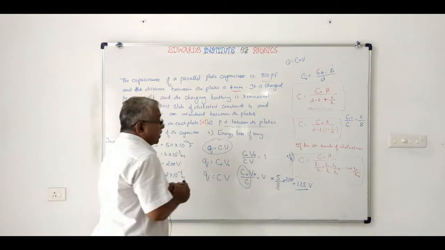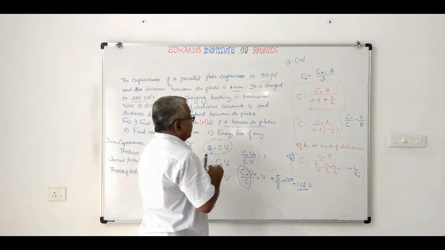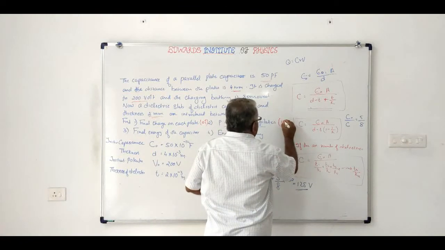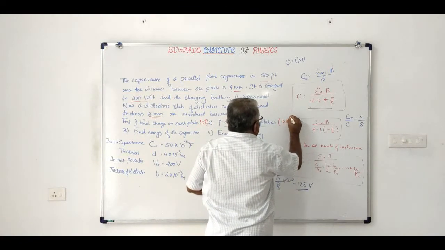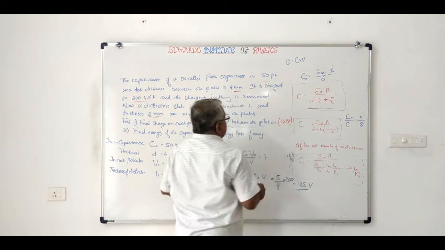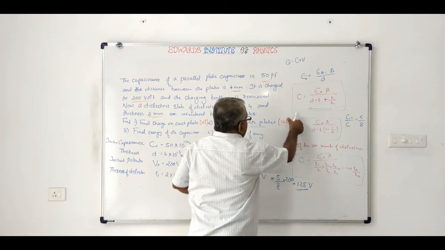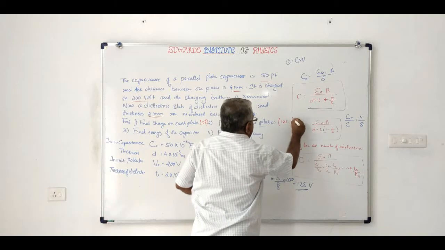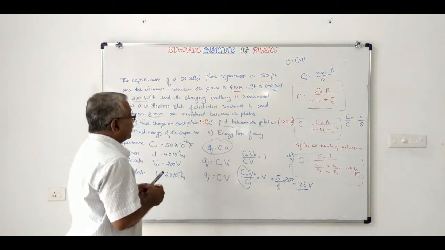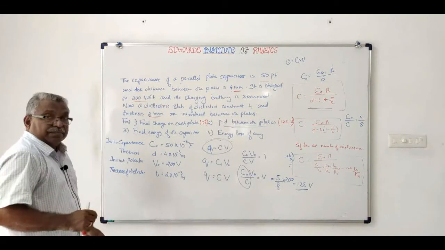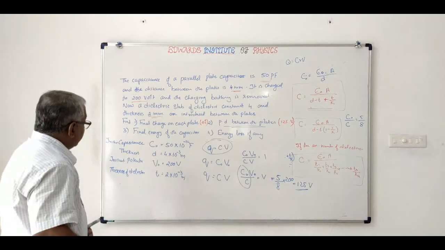So the new potential difference between the plates will be 125 volt. This is the answer of the second question. Okay, please note it down.